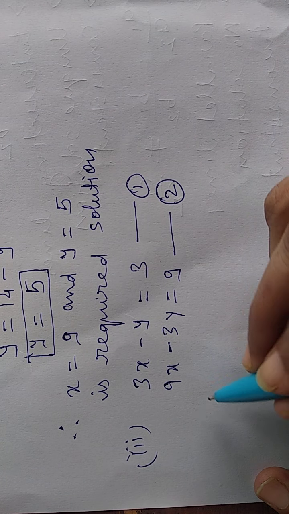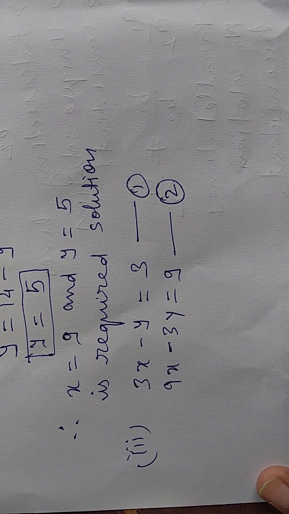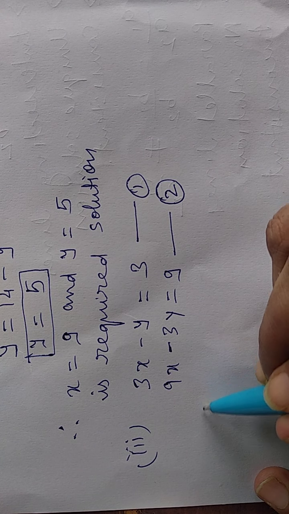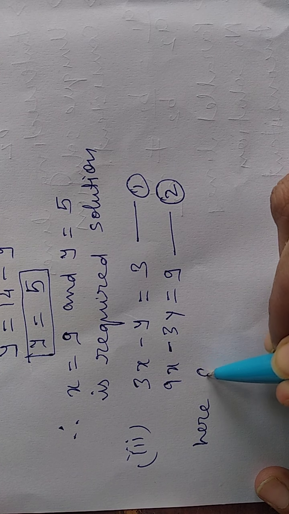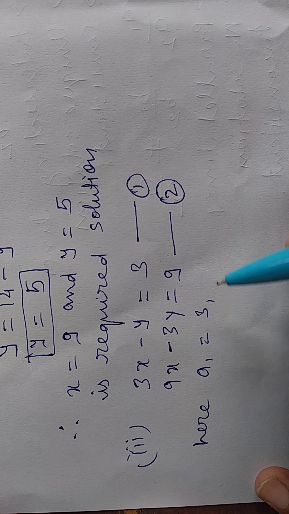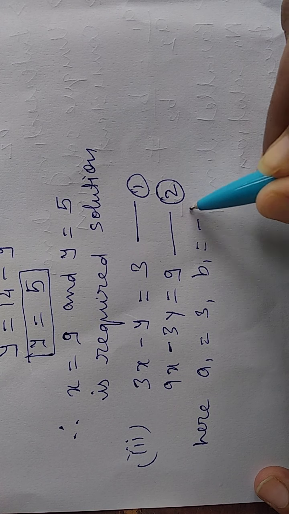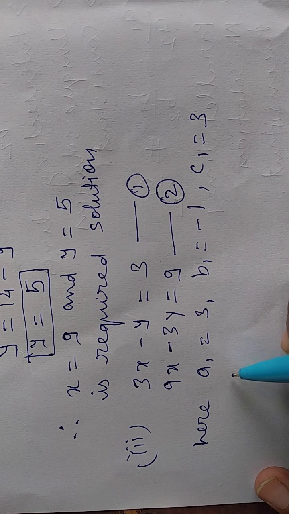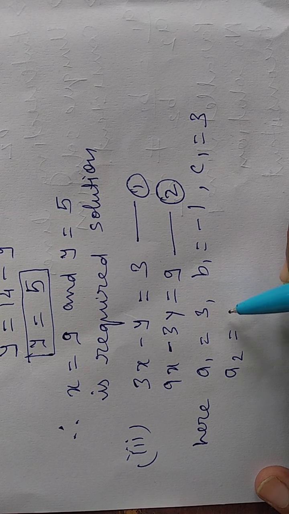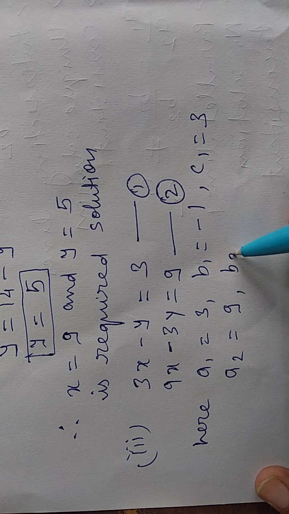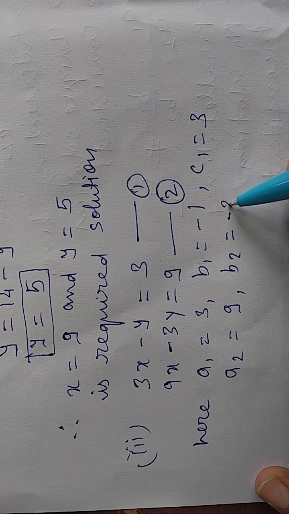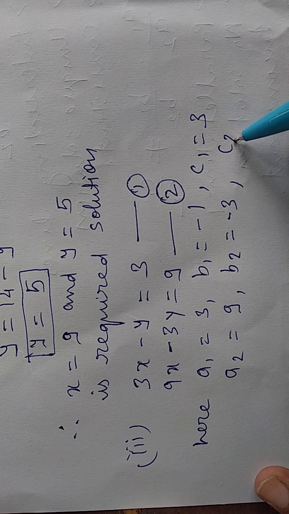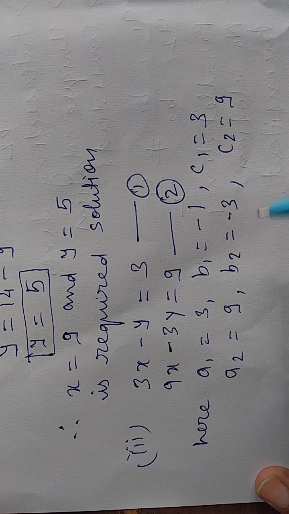If we compare this with the standard linear equation of two variables, here a1 is equal to 3, b1 is equal to minus 1, c1 is equal to 3, a2 is equal to 9, b2 is equal to minus 3, c2 is equal to 9.